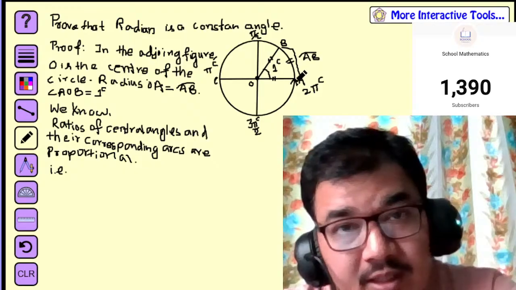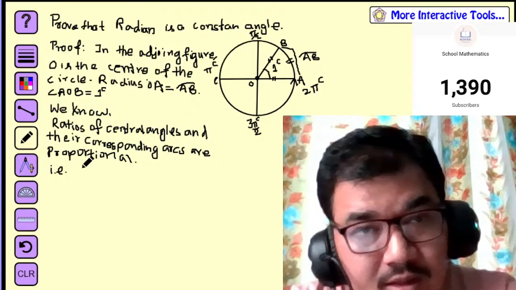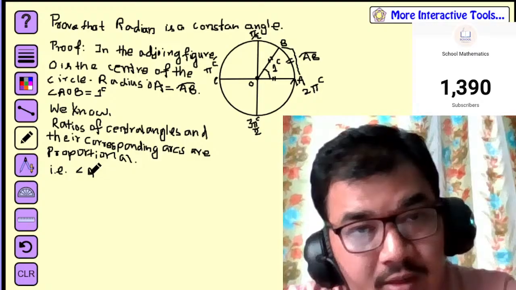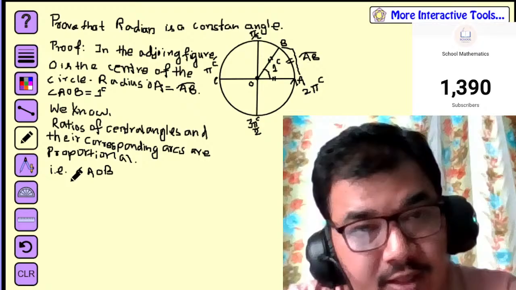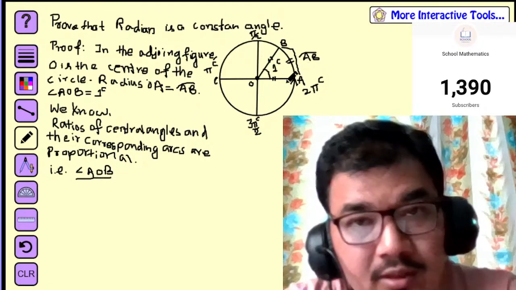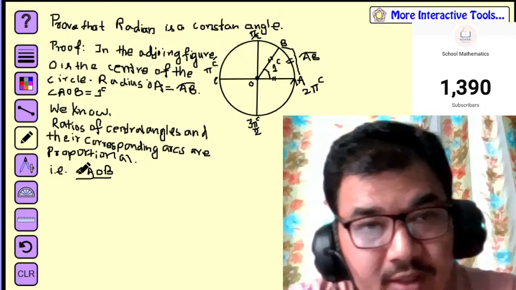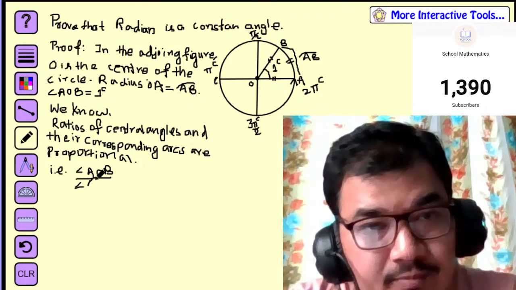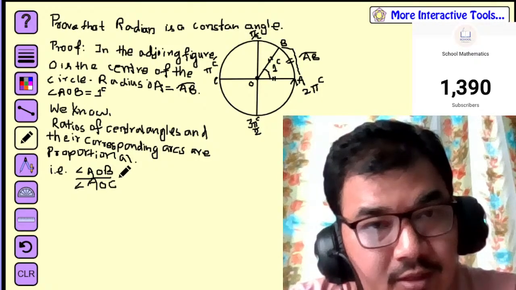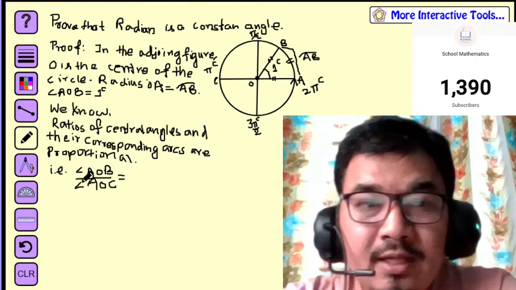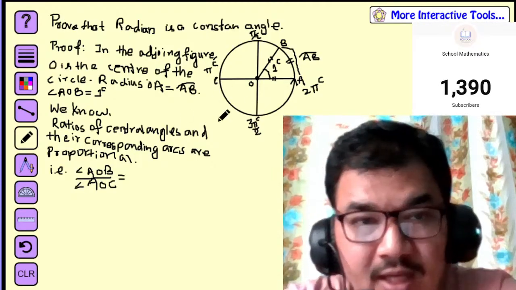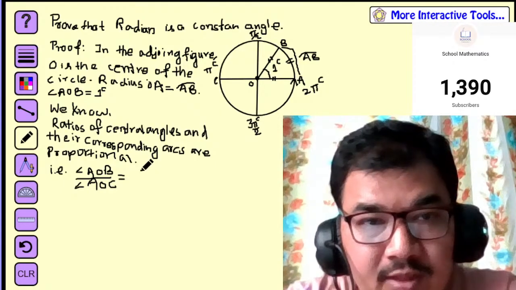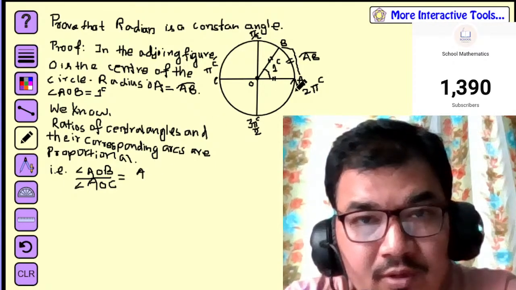First one, look here, AOB. I am taking this one central angle AOB, and then I am taking the next central angle, AOC also. Angle AOC, right? And this ratio will be equal with the ratio of the arcs. First is arc AB for AOB.